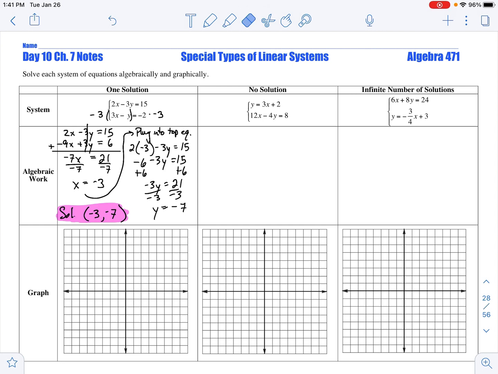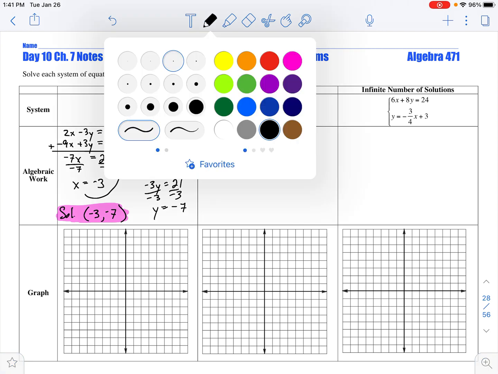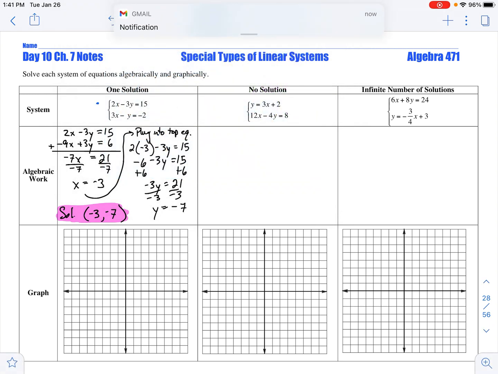Alright, let's take a look and see what happens when we graph this. I'm going to graph the top line in blue. If I want to graph that top line, I know that I can find my intercepts. My x-intercept, I'm going to do this over here on the side, is going to be 7.5, comma 0. And my y-intercept is 0, negative 5.